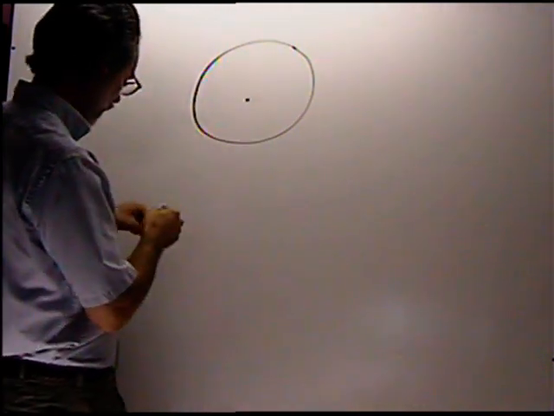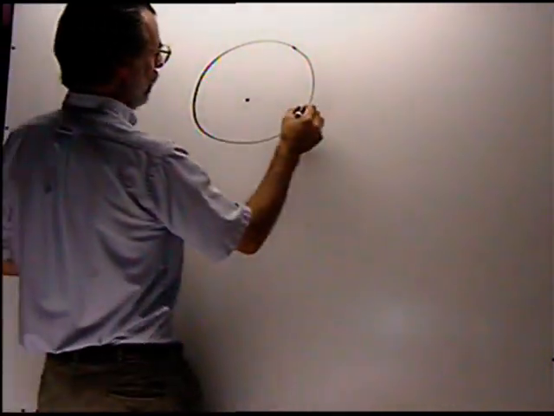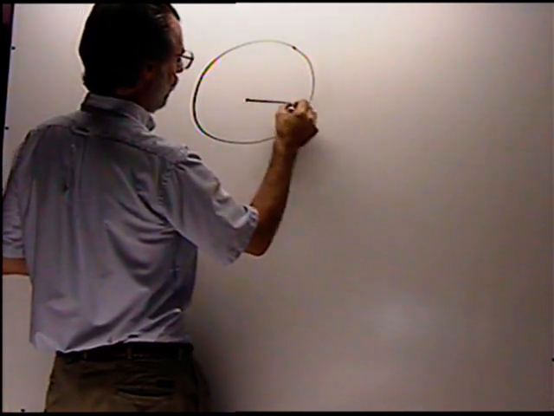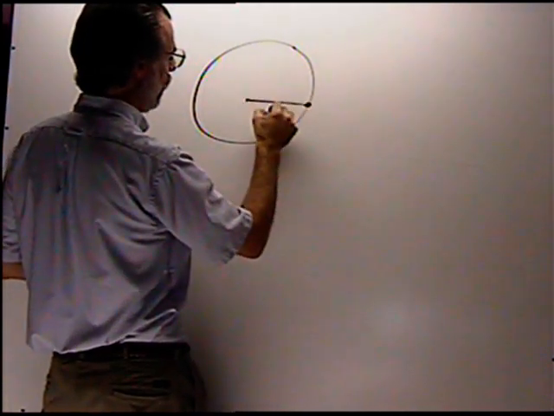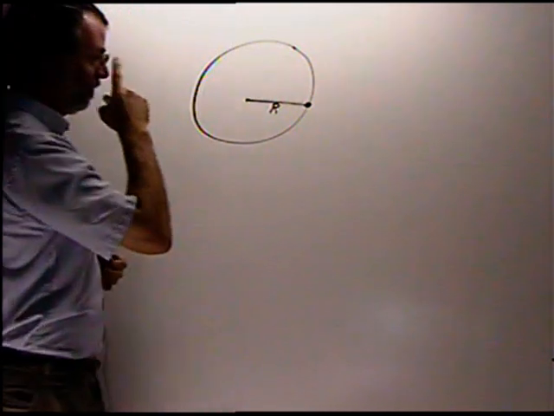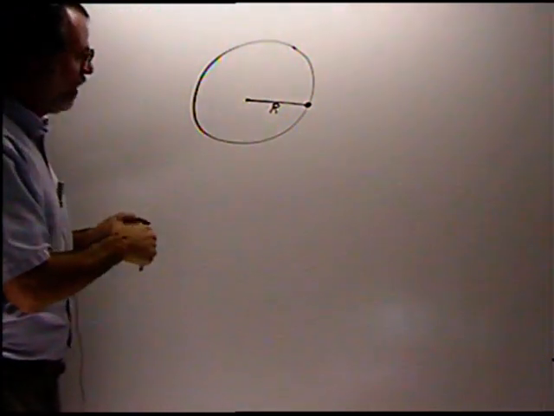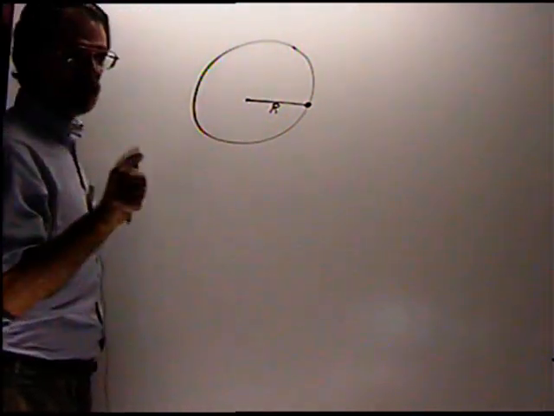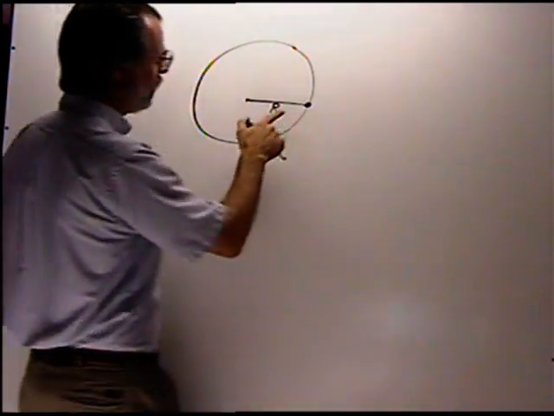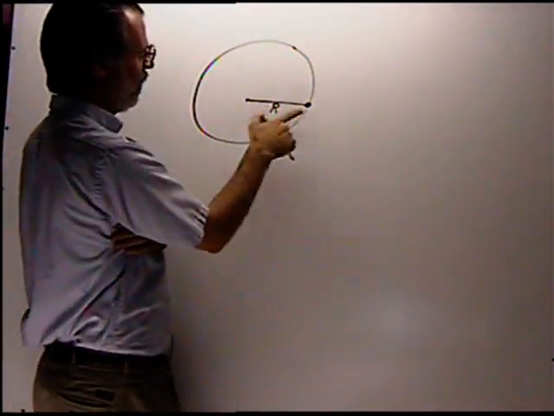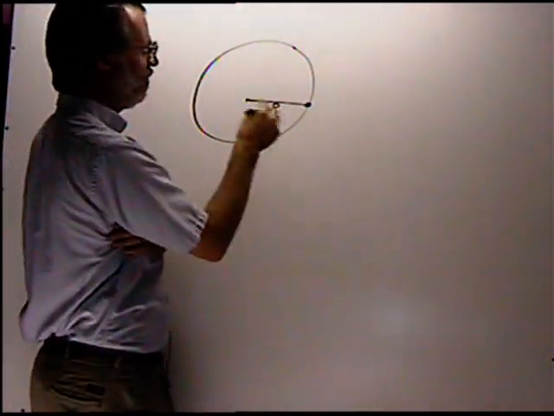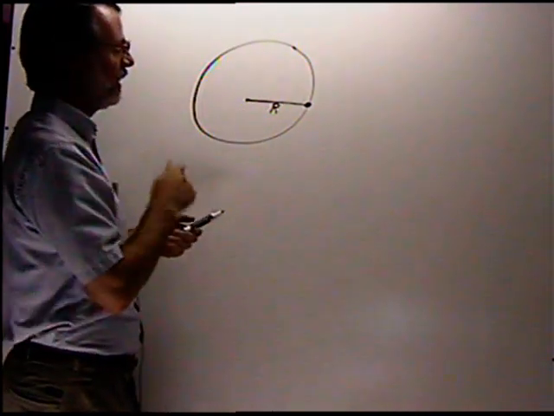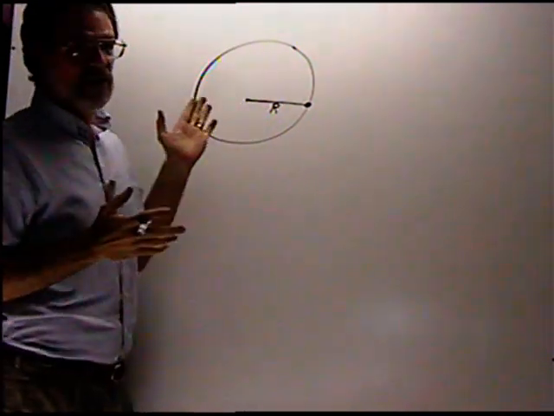Okay. Say we have a rock that's spinning around a certain radius. Now, what we're going to look at is what kind of acceleration this rock has. When you're spinning around this rock, we know what the tangential velocity is.